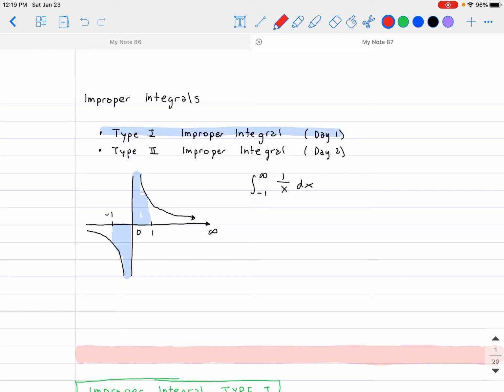And so the result is that you technically should be able to get a numerical value, because this would then lead into the same thing as saying the integral from 1 to infinity of 1 over x dx.